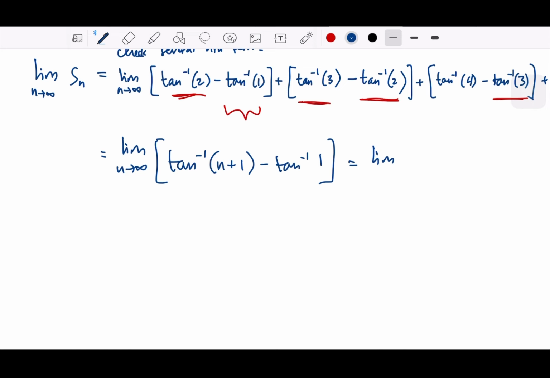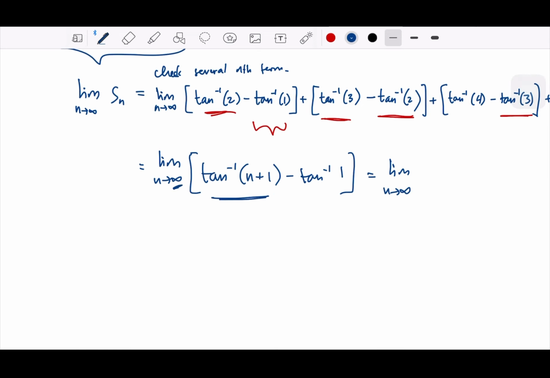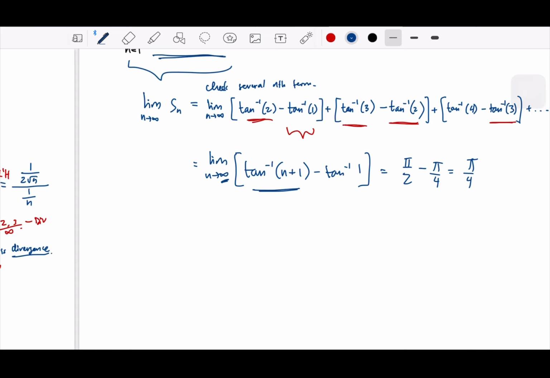And this will result in tangent inverse of infinity, which is pi over 2. So we can take this as pi over 2 minus pi over 4, which is pi over 4. So it should be pi over 4, the answer.